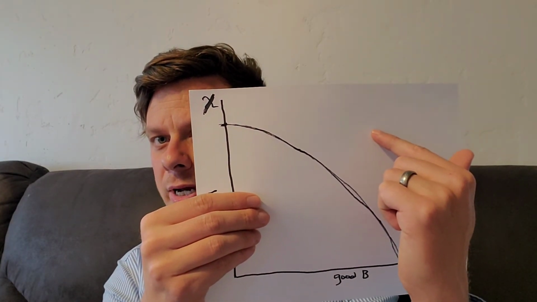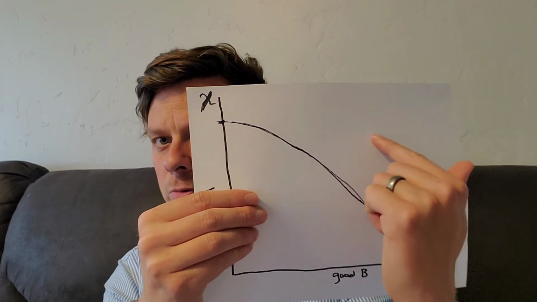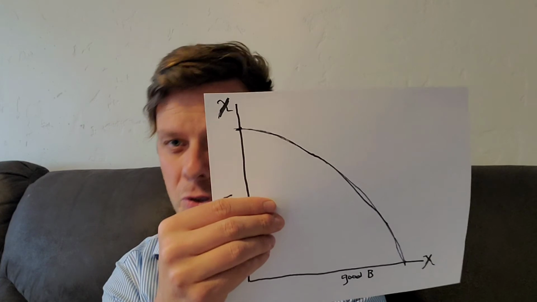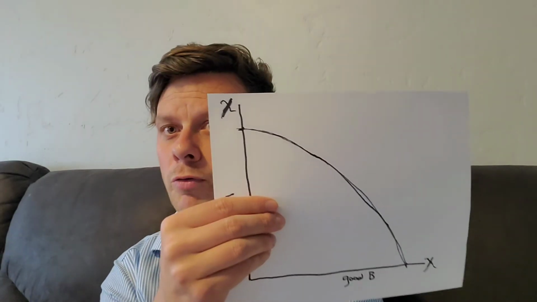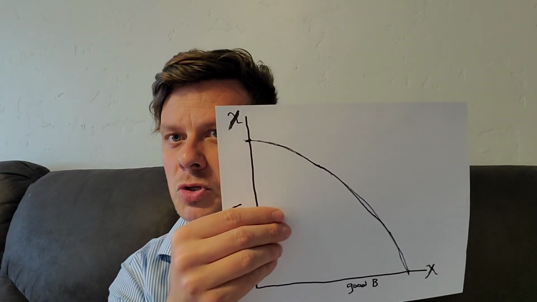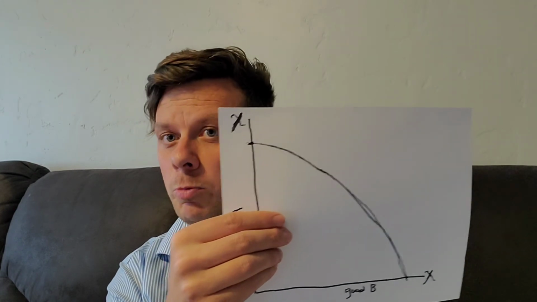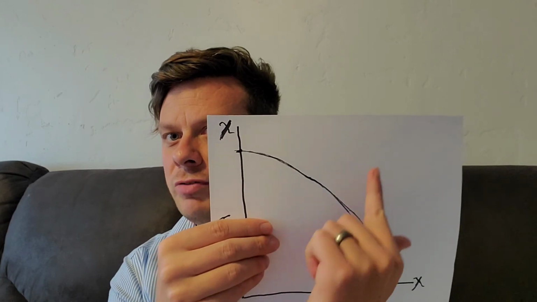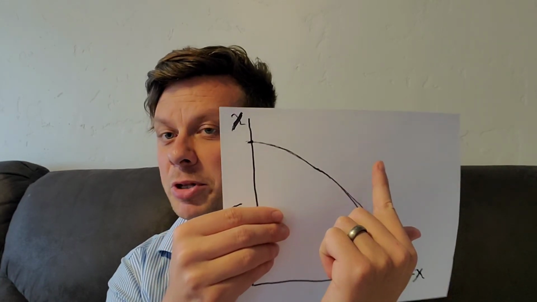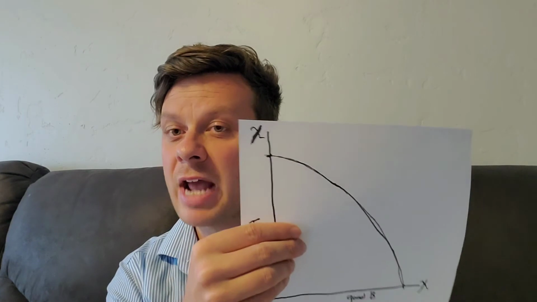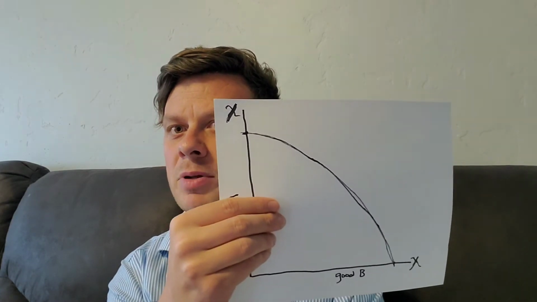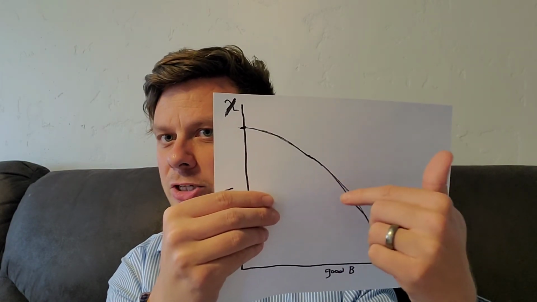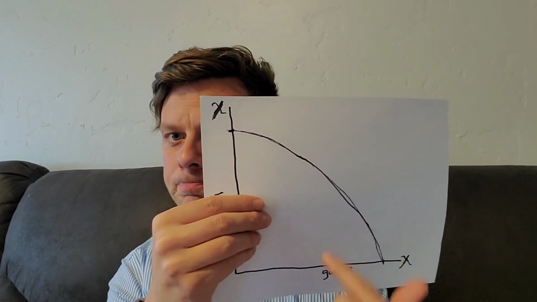If we have a point outside of that curve, we are reaching a point that our current economy cannot produce. However, over time, we might adopt some new technologies, or we might trade with partners to make our curve shift outward. Similarly, if we have some sort of natural disaster or something happens within our economy to make us less efficient, our curve might shift to the left and go down.